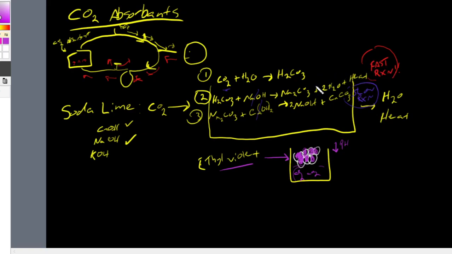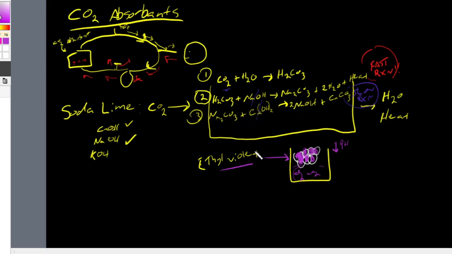as a fast reaction. And in order to replenish our stores of sodium hydroxide, in order to continue to filter out carbon dioxide, our sodium carbonate and our calcium hydroxide combine to form sodium hydroxide and calcium carbonate, which is a slower reaction compared to the one before. So the main products are water and heat, and this is not a totally self-sustaining reaction.